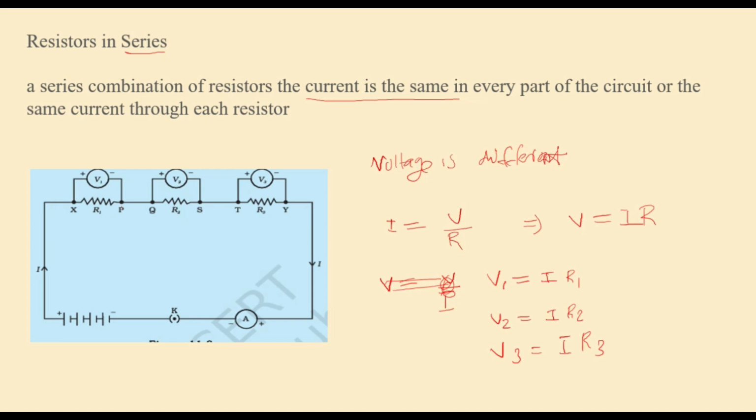Finally, the total sum of the series resistor voltages is V1 plus V2 plus V3. Thus we can write V is equal to IR1 plus IR2 plus IR3.